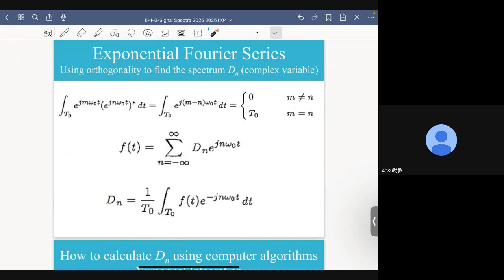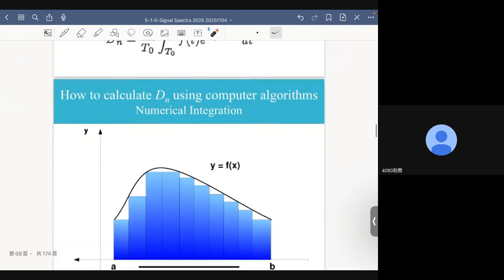So we need to come up with a numerical algorithm to help us use a computer to determine the values of Dn by using a simple computer program. All right, so the task here is to calculate Dn using computer algorithms.